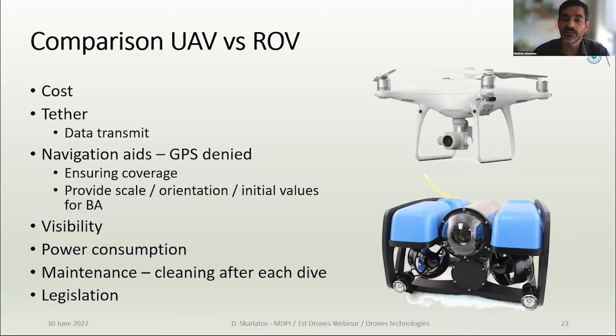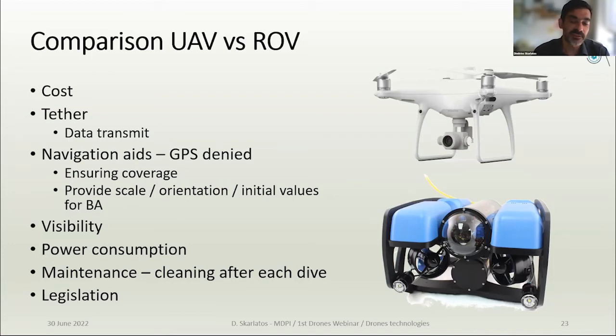So you can see here the standard of aerial mapping, the DJI Phantom RTK, which costs approximately 5,000 euros. And you can see here down the blue ROV, which also costs 5,000 euros, but without a proper camera, for example. You only have the navigation camera, and you don't have any kind of positioning system, which is of high importance when you're trying to do mapping.